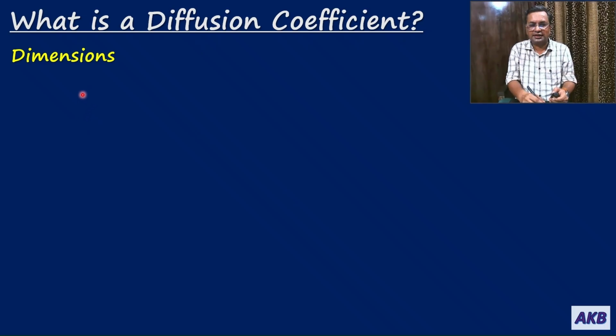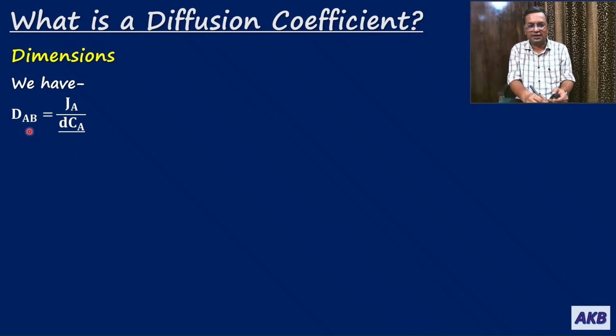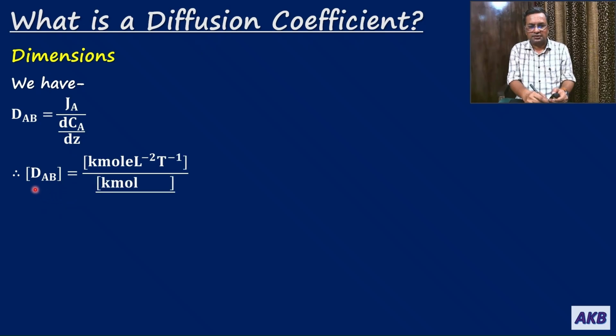Now let us get the dimensions. So we got the equation for DAB: DAB is JA upon dCA by dZ. If I use the units, the dimensions for DAB will be the dimensions for JA divided by those of the gradient. What are the dimensions for JA?